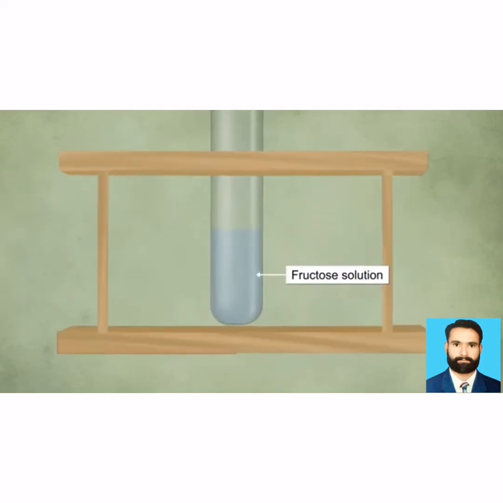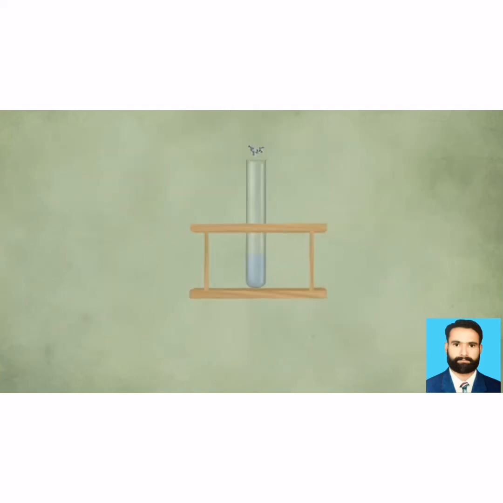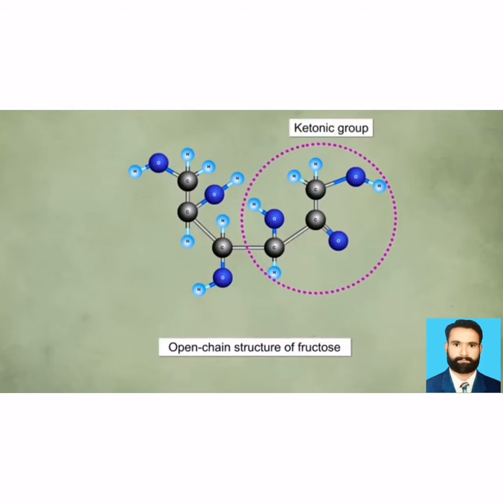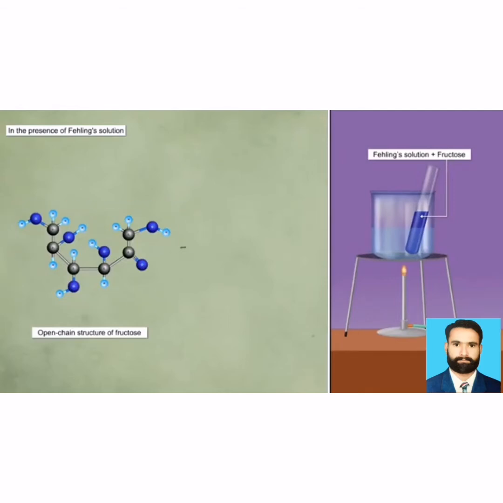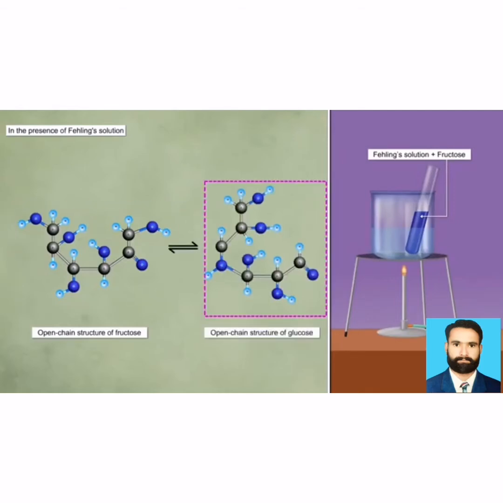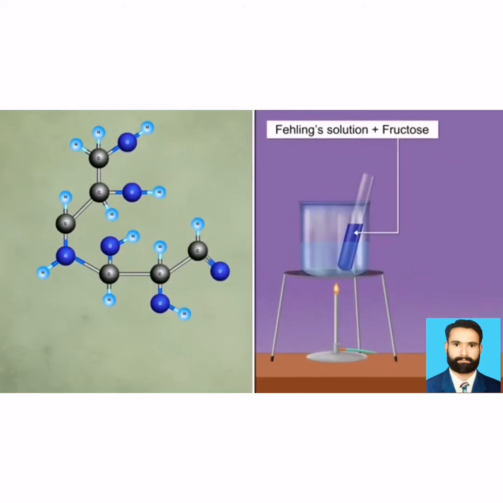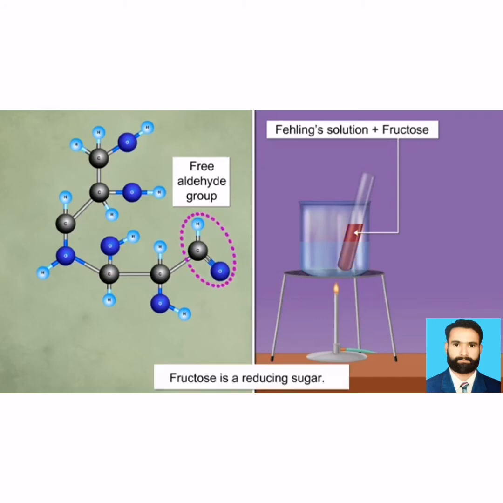In the solution of fructose, the ring structure opens up and the hemiketyl group changes to a ketonic group. Interestingly, under the conditions of reaction with Fehling solution, the open chain structure of fructose isomerizes to the open chain structure of glucose. This way, fructose has a free aldehyde group in its solution phase and is a reducing sugar.